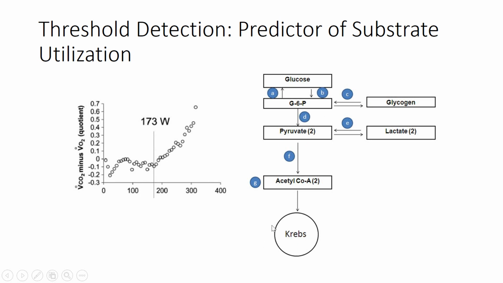The Krebs cycle continues to run, but we reach a point where it's not enough. The conveyor belt's not keeping up, and we need a faster supply of ATP. And so we use the lactate system. And we use either the glucose coming in from the blood or the glycogen that's stored within the muscle.